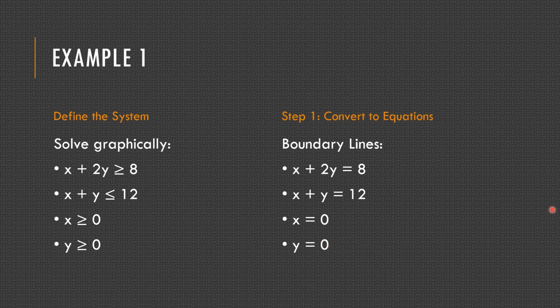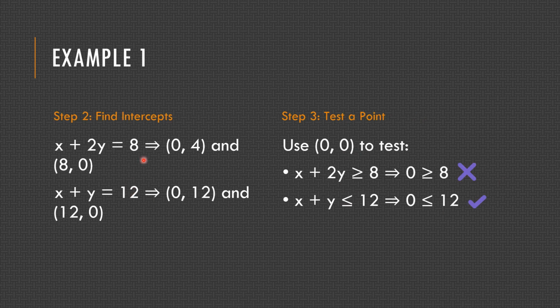So here we are going to make y the subject and draw each respective inequality line, and the line will serve as the borderline for each respective inequality. So look at, we have x plus 2y equal to 8 here.